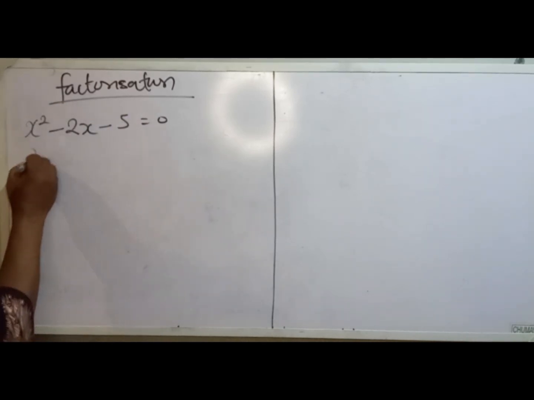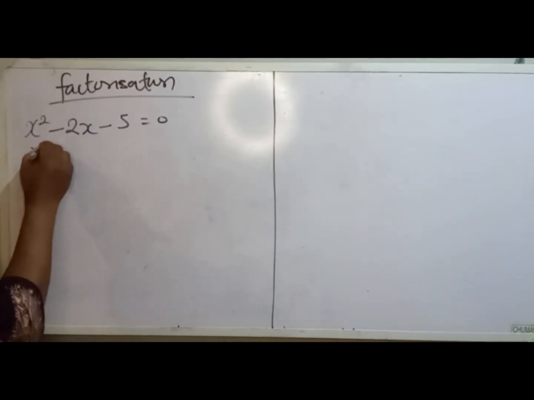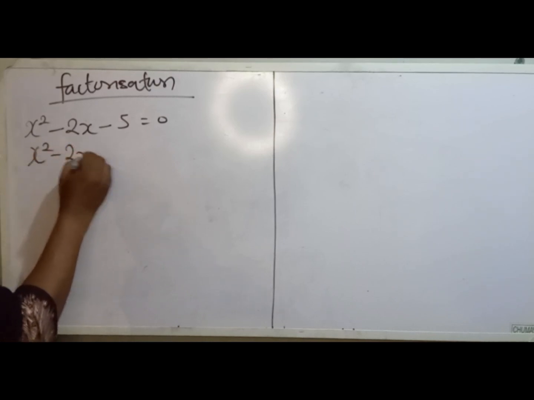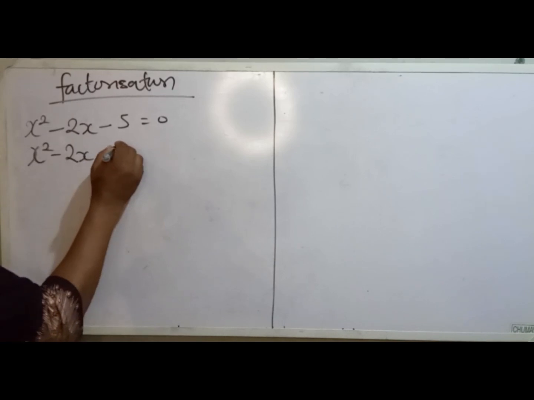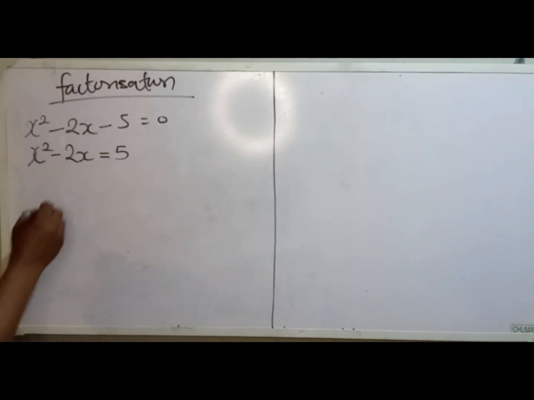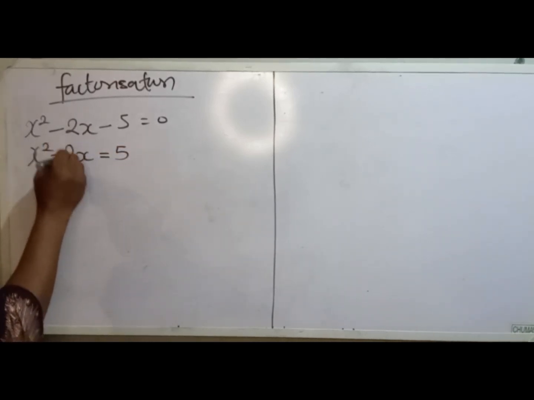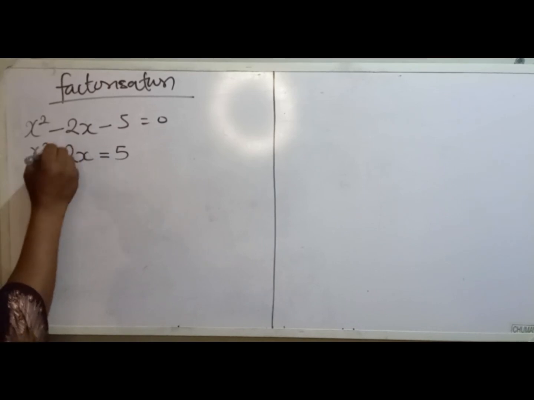So we're going to have it that x squared minus 2x will be equal to, I'm taking my minus 5 to the other side, and it becomes a positive 5. I'm going to add half the square of the coefficient of x to both sides.